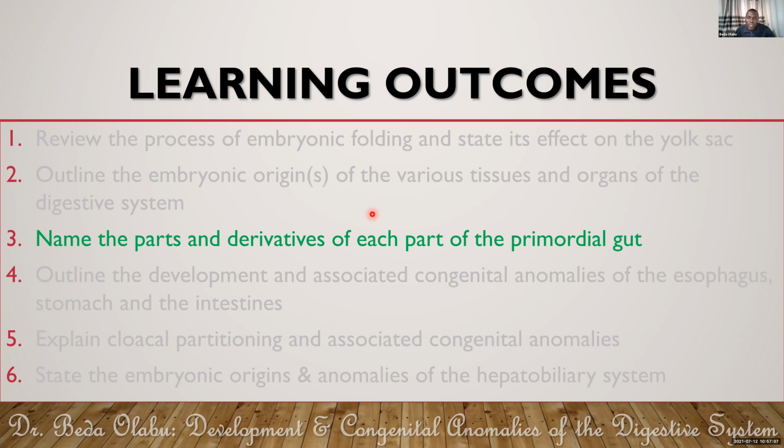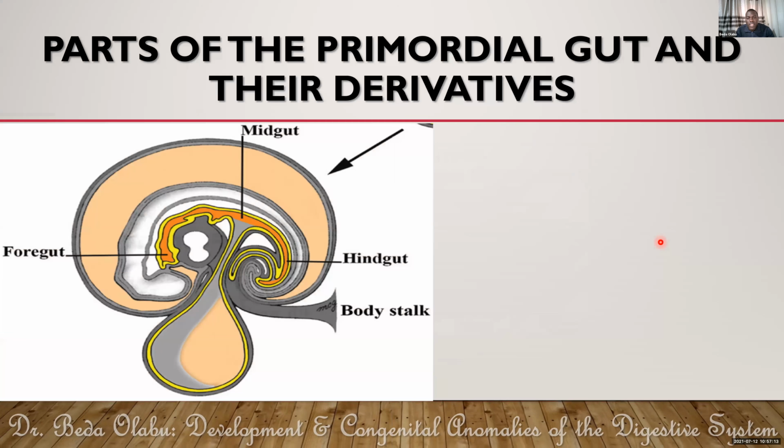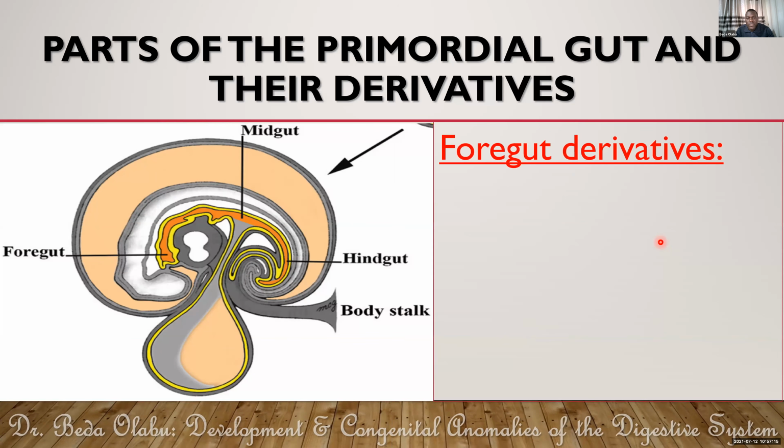Now let's name the parts of the primordial gut, those segments of the primordial gut, and give the derivatives of each part. Let's start with the derivatives of the foregut. So this is the foregut from here all the way to somewhere there, actually. The whole of that is the foregut.